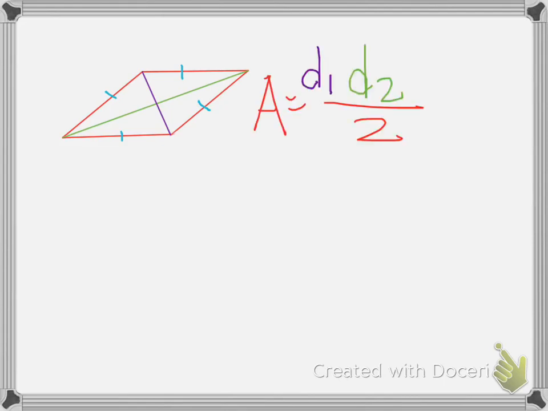And so the formula for the area of a rhombus involving the diagonals, it's diagonal 1 times diagonal 2 cut in half, or divided by 2. So it's half of diagonal 1 times diagonal 2, with diagonal 1 being this guy and diagonal 2 being that guy. And now they're no longer purple or green.